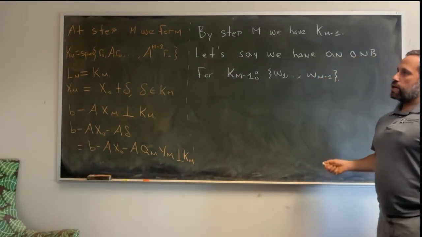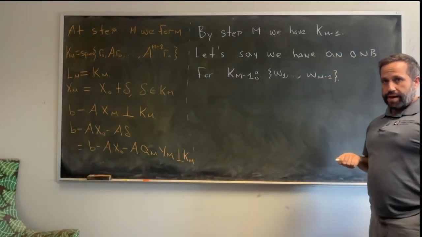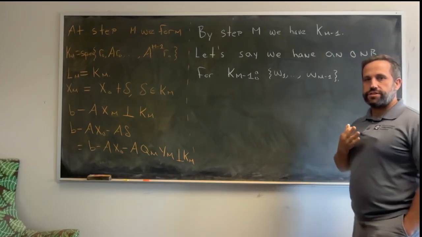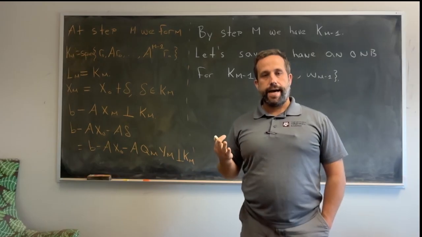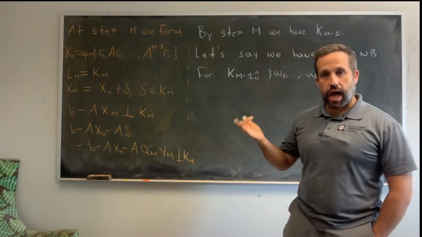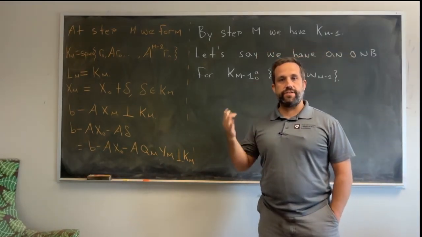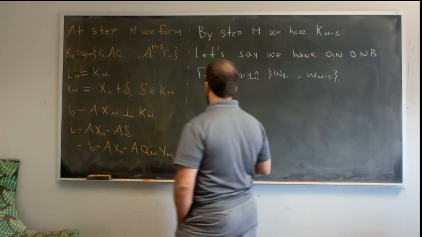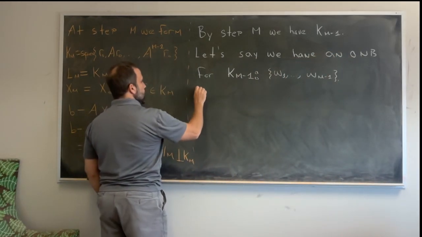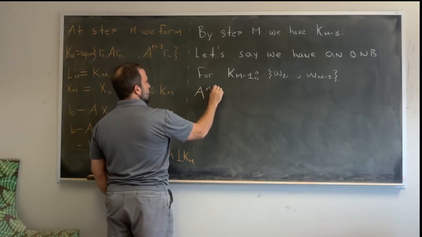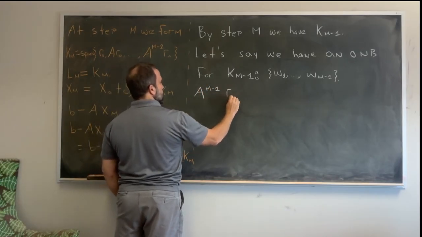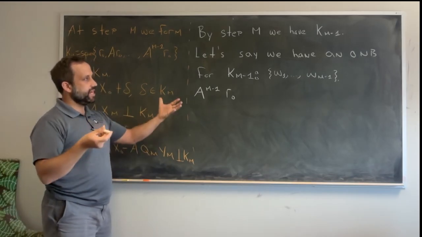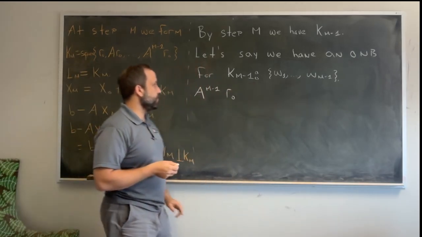Well, then how can we come up with an orthonormal basis for Km? Well, the most obvious idea is to just do straightforwardly the Gram-Schmidt process. Now this is not what we're going to do, but it's going to give us some formulas that are going to be similar to what we actually end up doing. So what I can do is form my new vector A to the m minus 1 times r0, and I can basically Gram-Schmidt this onto these vectors here.